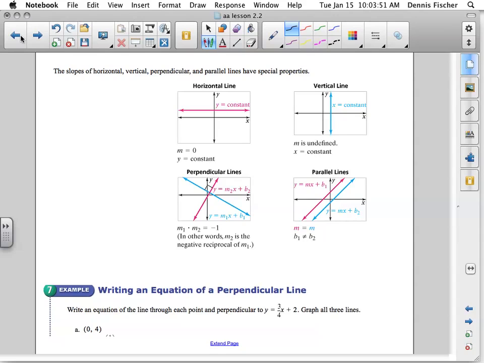On a horizontal line, the slope is constant. Slope is 0. Slope is 0. And you just have to know that. There's no easy way to do that. The slope is 0 there. A vertical line: the slope is no slope.